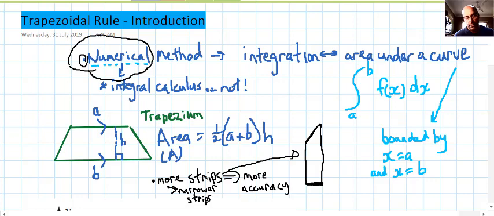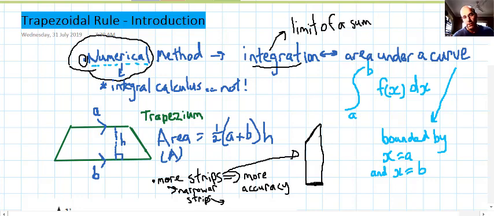And that links to the idea that we explore more in another video, that the area under a curve using integration is the limit of a sum. So you can see there's a kind of a relationship there. We'll be looking at that in a different video. The limit of a sum of strips, I suppose.